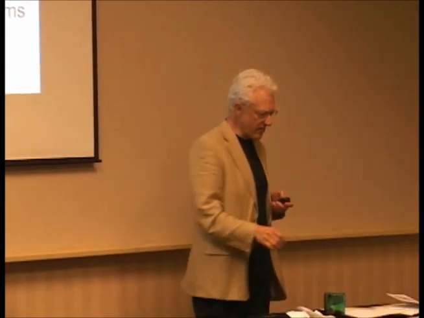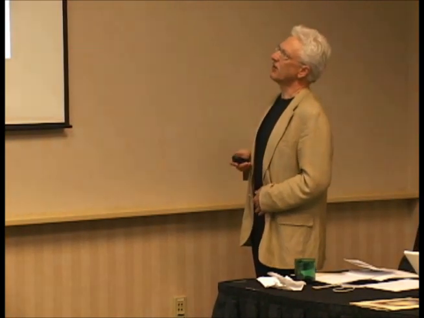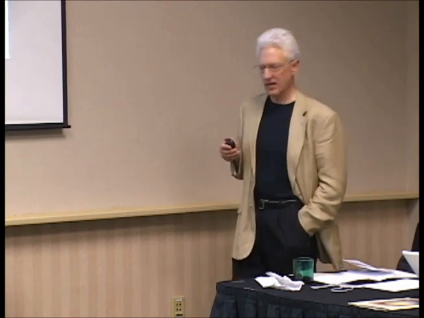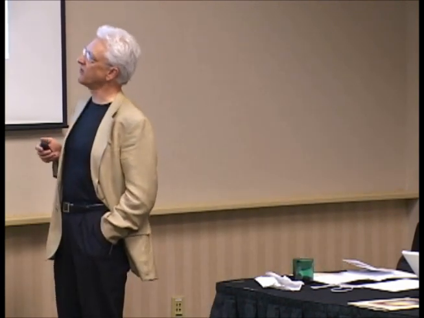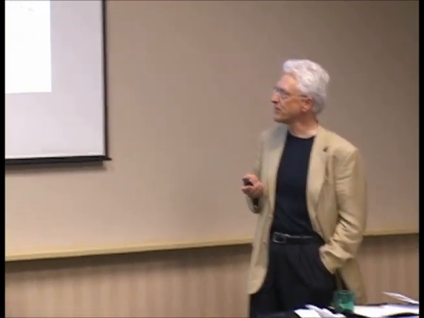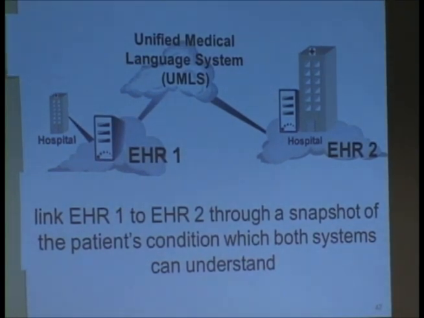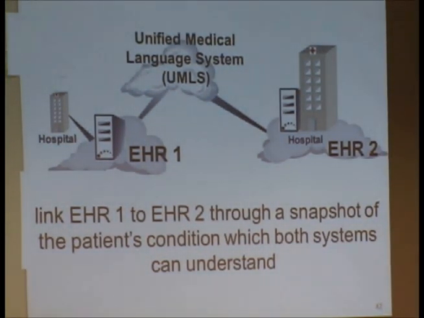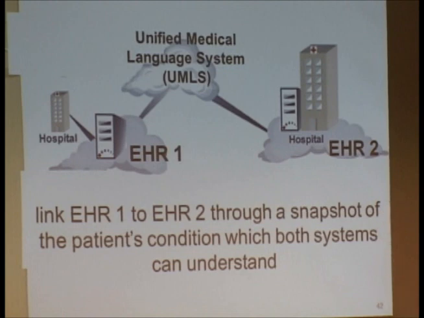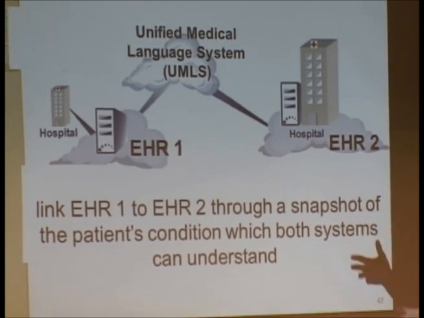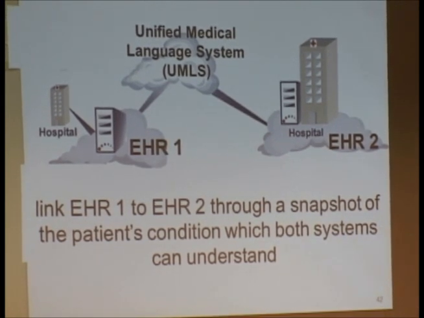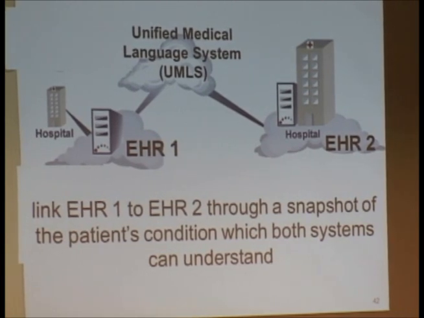All right, now there is one other example which is of great relevance. It's the Unified Medical Language System, which is the NLM umbrella for 100 or so clinical vocabularies, including SNOMED. The idea is that you have these UMLS systems, you use them to create a snapshot of the patient's condition, and then you can move the snapshot, which will be updated progressively, backwards and forwards between hospitals as the patient moves.